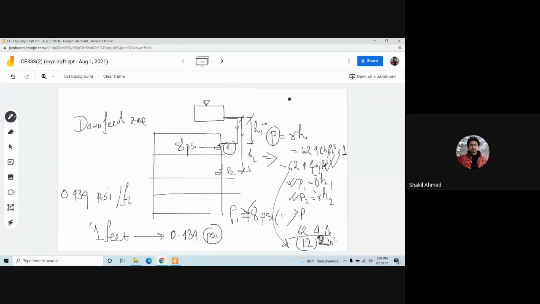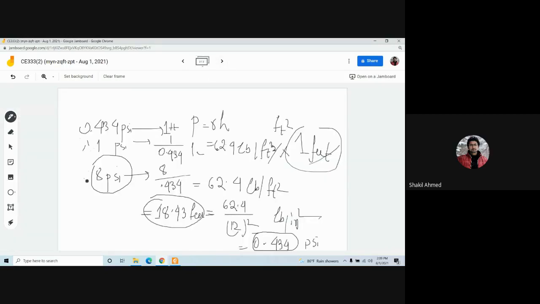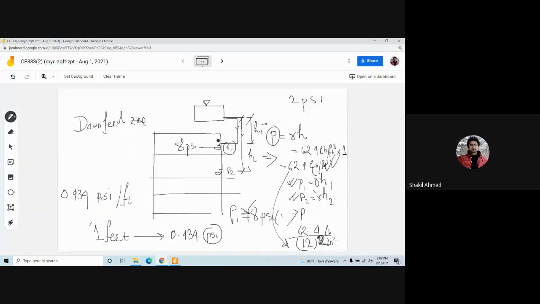For example, 2 psi has been lost. Then how much is remaining? 8 minus 2 equals 6. So instead of 8, you will get 6, right? So that's the problem.